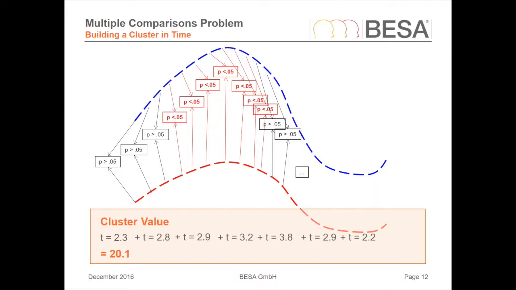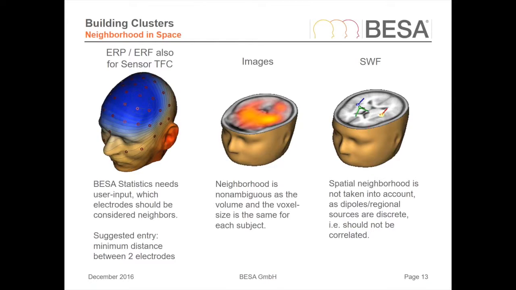Please note that the algorithm does not only build the clusters in time, but also over frequency and spatial neighborhood. And the spatial neighborhood needs to be defined. So first of all, let's have a look at the case where we have sensor data. We're measuring on the outside of the skull, on the skin surface.